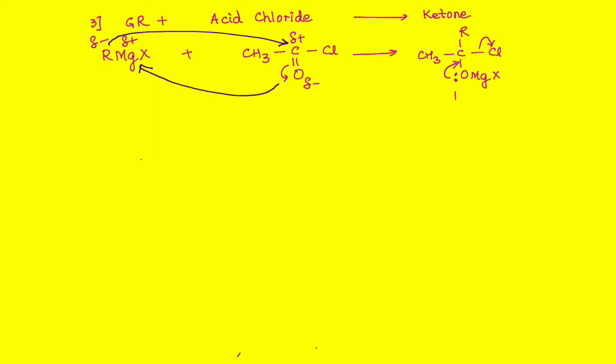So with the result, we have our product here, CH3CR double bond O, and then of course MgX and Cl. Isn't that really simple? So that means we get a ketone as our product.